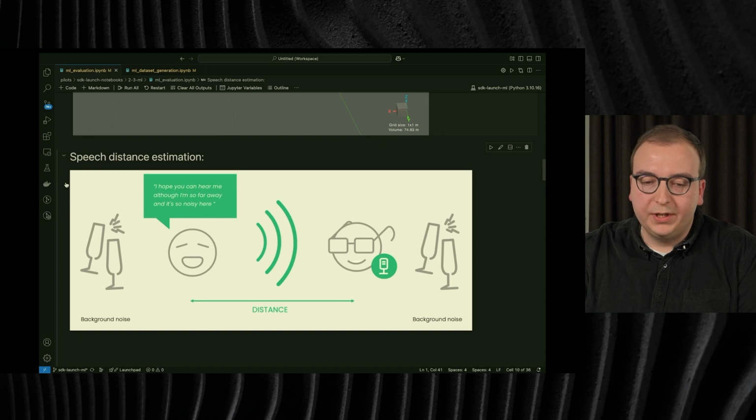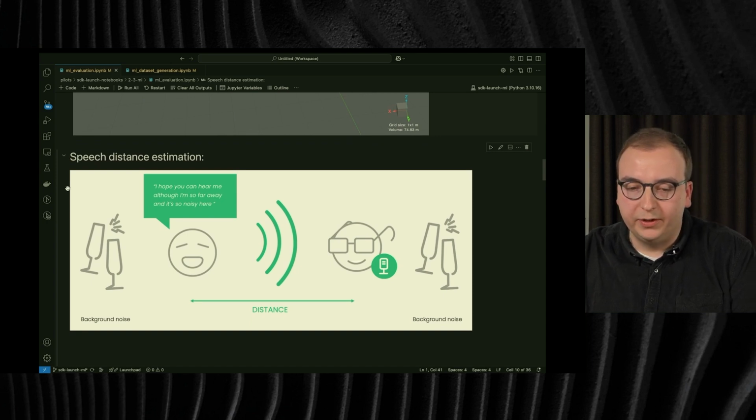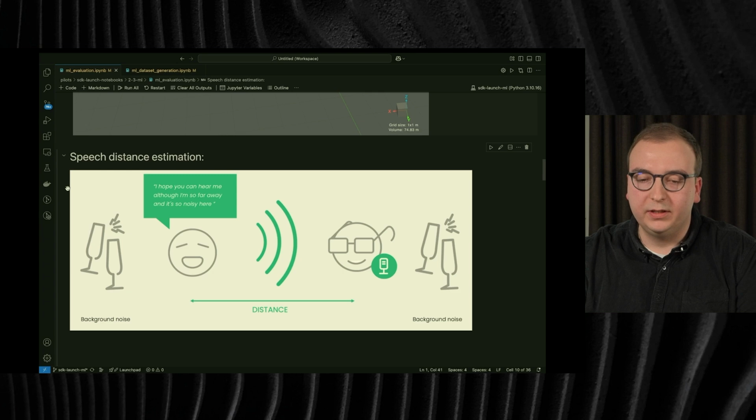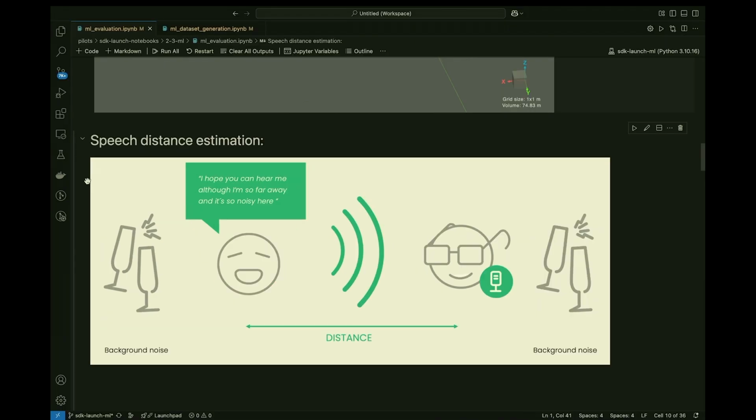And what we want to do is speech distance estimation, as I already said before. You can think about this similar as in this application scenario here in the picture. We have somebody who is speaking with a friend, and the friend, for example, has some AR glasses or some other wearable that has a microphone on it.